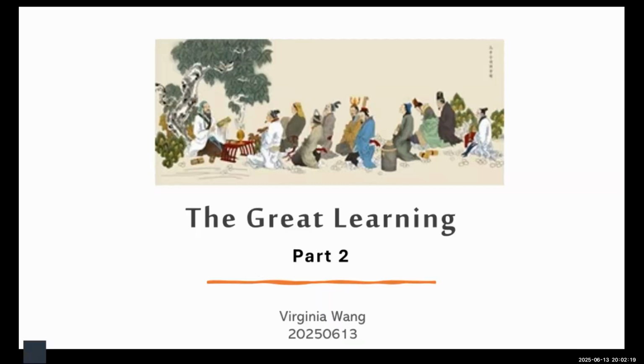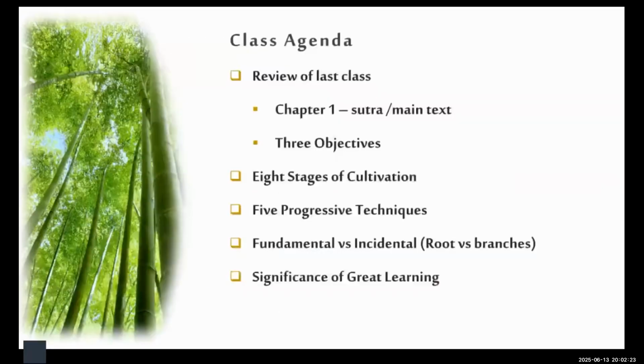Okay, without further ado, I'm going to start this topic. So this is what I'm going to go through. We're going to review a little bit of last class, which is chapter 1. I think I'm going to skip the sutra of the main text.